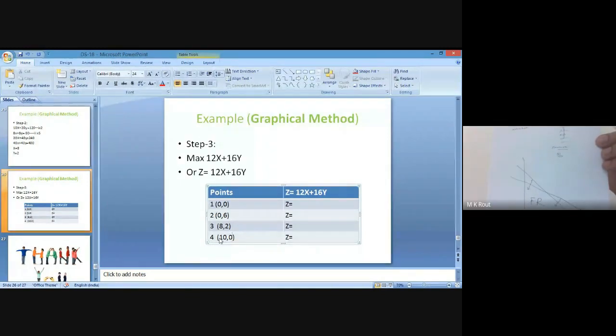This intersection area is known as the feasible region. So you have to directly take the corner points, this 1, 2, 3, 4. Is it clear? Thereafter you calculate these values. FR stands for feasible region.